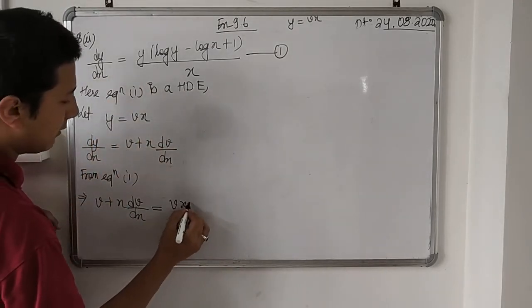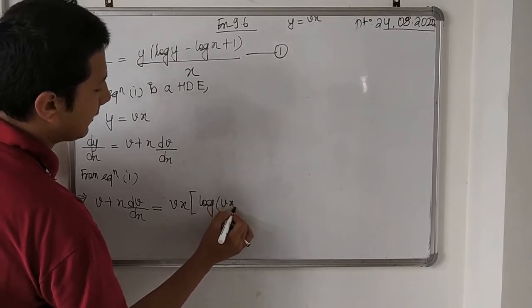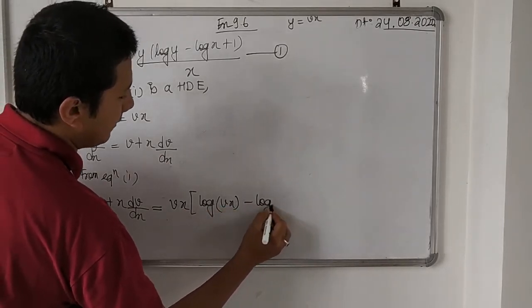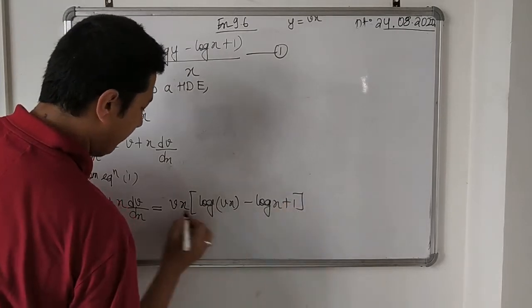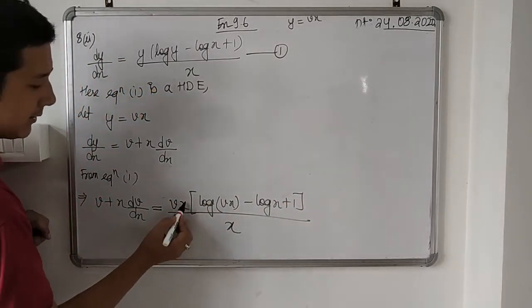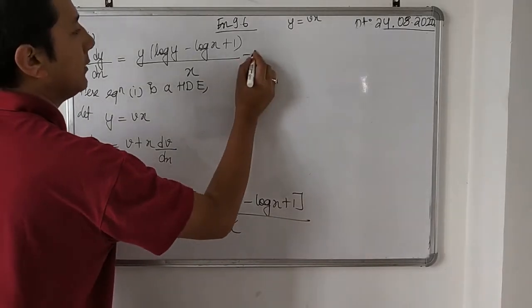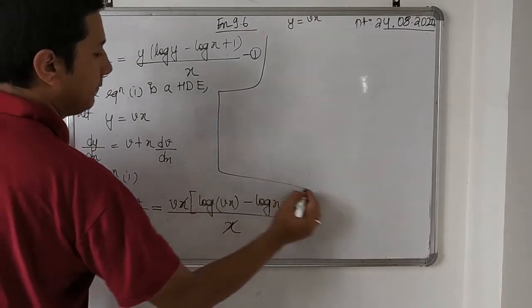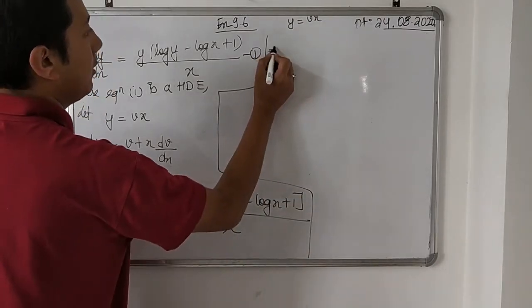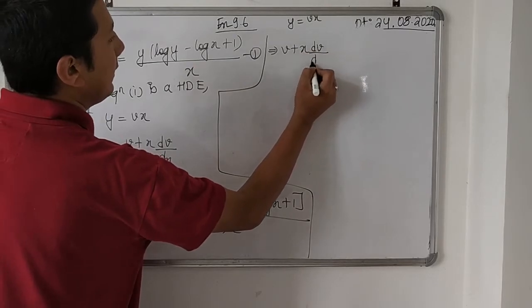So v into x within the curly bracket, (log vx minus log x plus 1) divided by x. What happens is x and x get cancelled out. Okay, so I'm doing it this side now. This is equation 1. Okay, so therefore v plus x dv by dx.